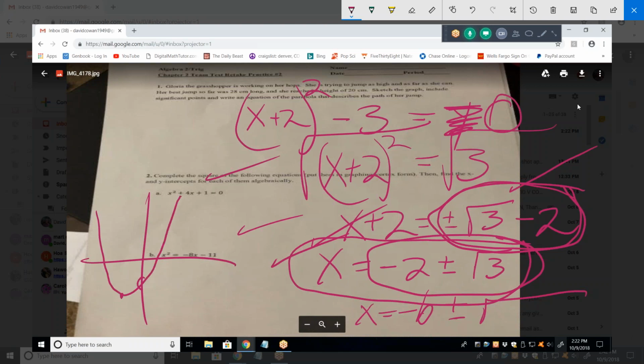Well, there's only one y-intercept. We figured that one out. But there are two x-intercepts. What are they? One of them is -2 plus square root of 3. That's this one. And the other one is -2 minus square root of 3. And that's that one.